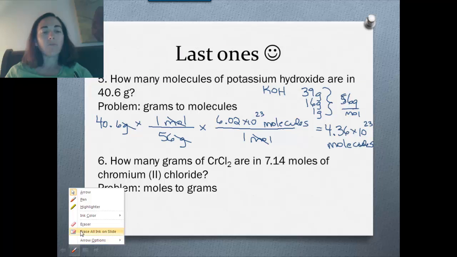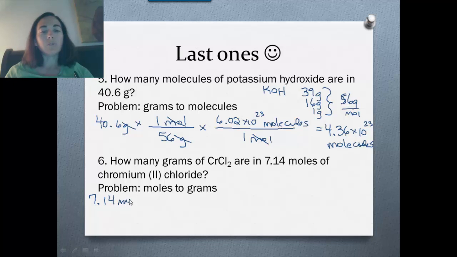Let's go ahead and write our given down. 7.14 moles. And then I'm going to set that up. I need 1 mole on the bottom. And I'm going to have to find the molar mass of chromium chloride to put grams here on top.